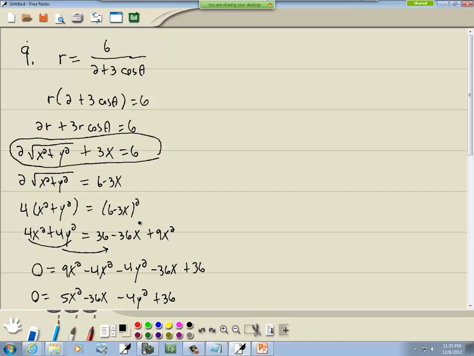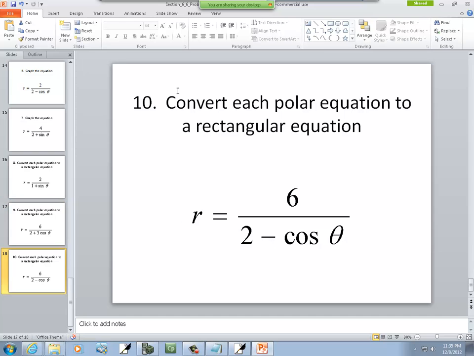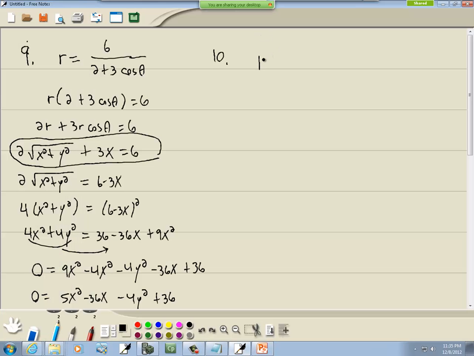Let's look at our last example. Six over 2 minus cosine theta. Okay, multiply both sides by 2 minus cosine theta. So we got r times (2 minus cosine theta) is equal to 6.